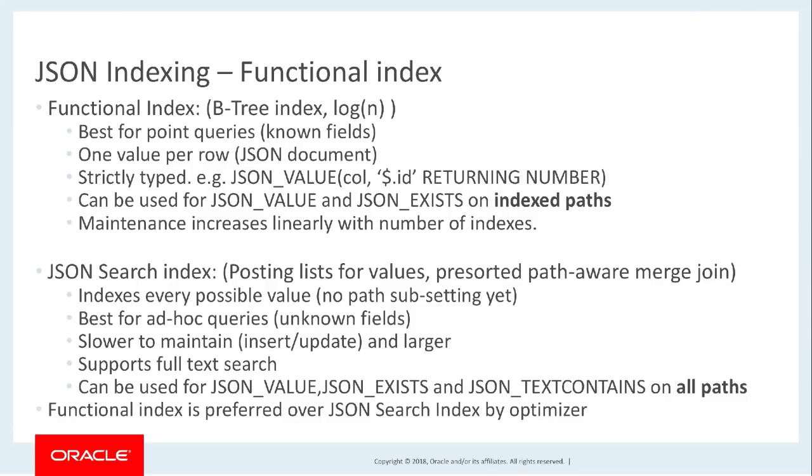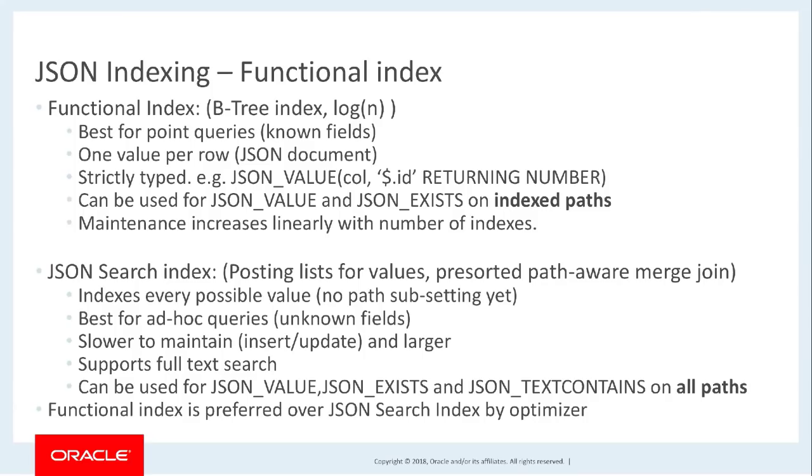But if you have a mixed workload or a workload where you also have a significant number of updates, deletes, and inserts, then that is something to consider. So generally, I think up to 10 or 15 indexes, or let's say between 5 and 15 indexes, this is faster than the JSON search index, which brings us to the next index.